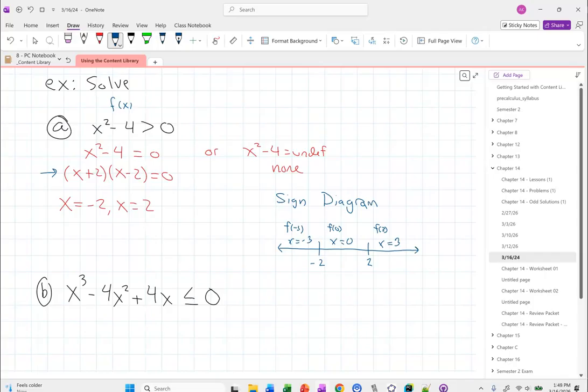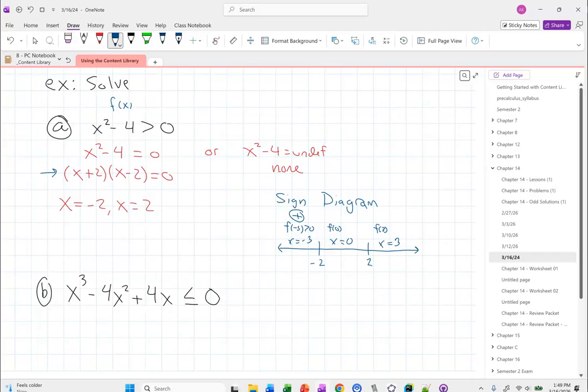Everybody's good? All right. So if I take -3, my test value, and plug it into x plus 2, do I get a positive or negative? Negative. -3 plus 2 is -1, right? If I plug it into x minus 2, I get negative times negative is positive. Now I'm going to do 0.